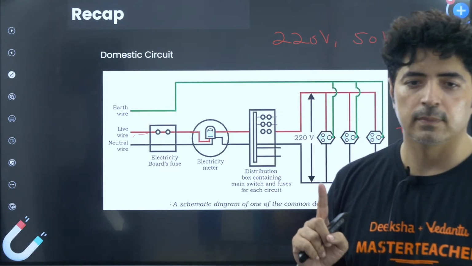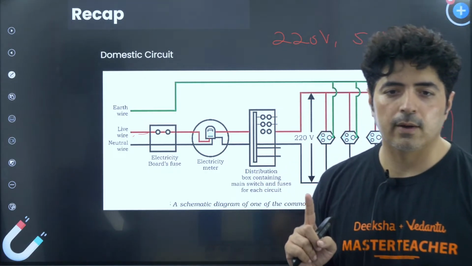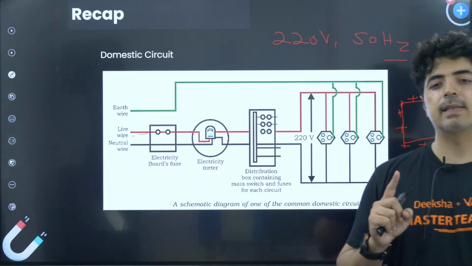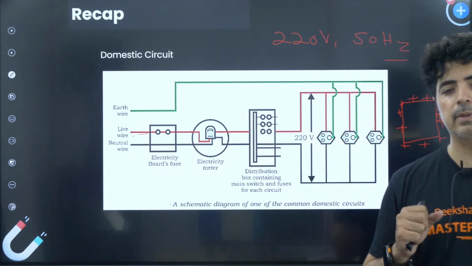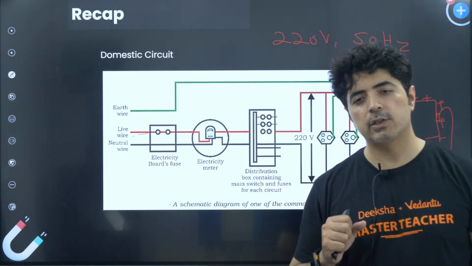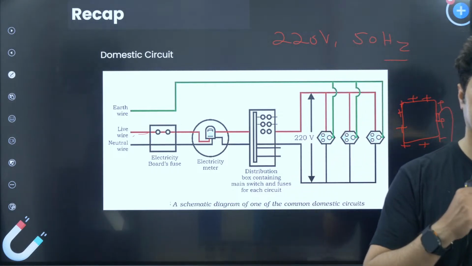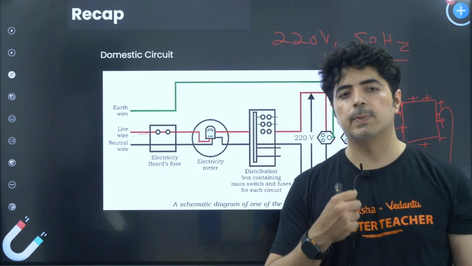All right, we have one question from Bookhead. It says, what topics have been deleted from this chapter. See, electromagnetic induction, electric motor, AC generator, these topics have been taken off. AC, DC differences and all have been taken off.